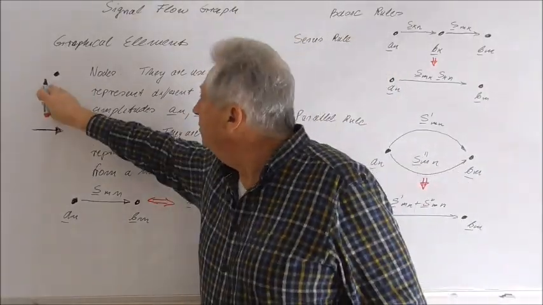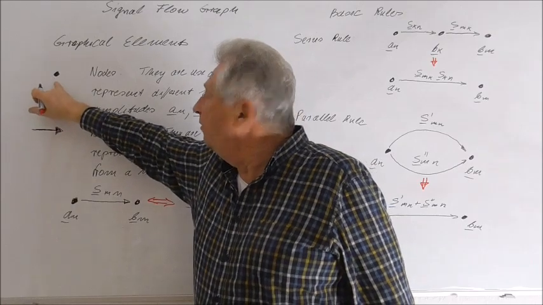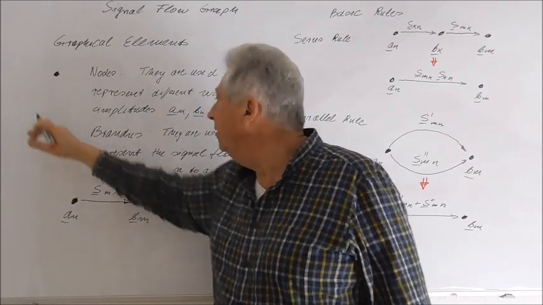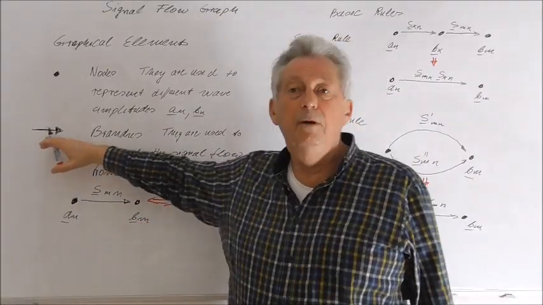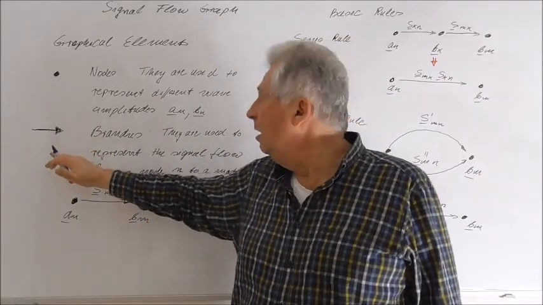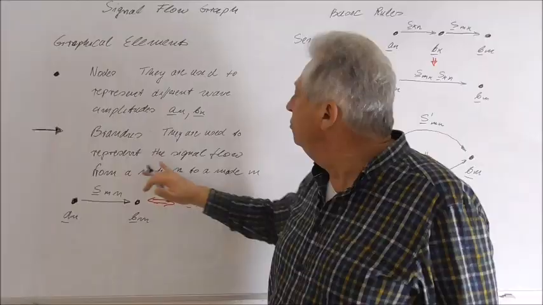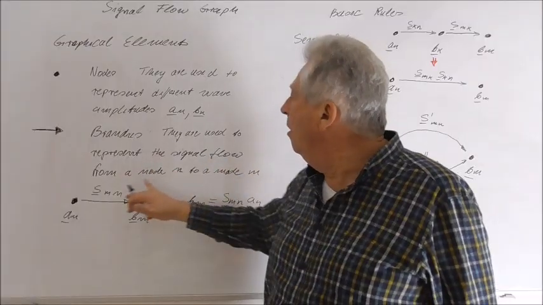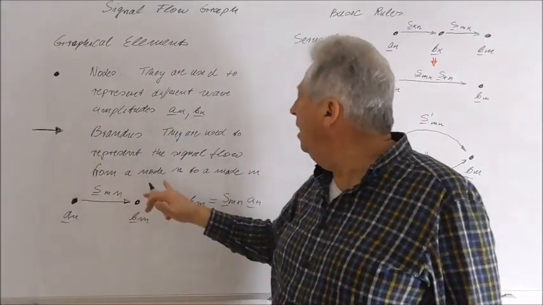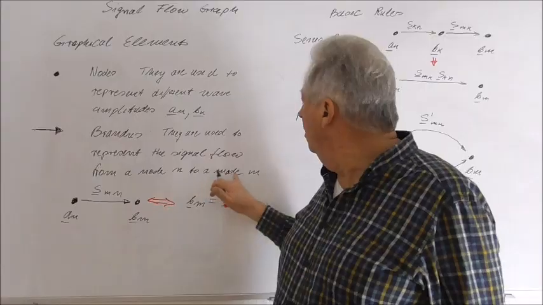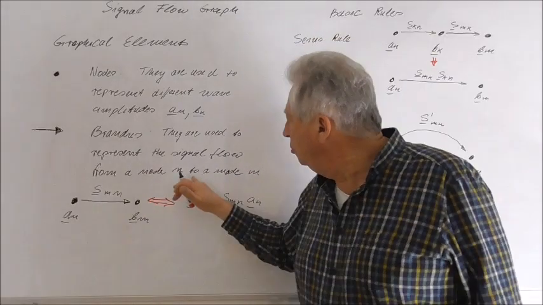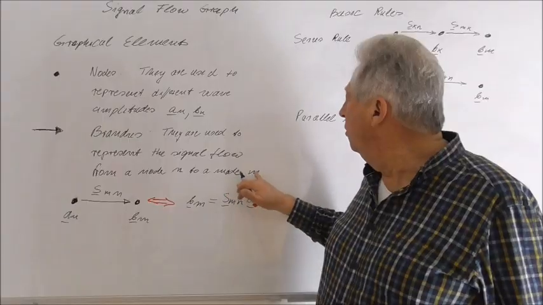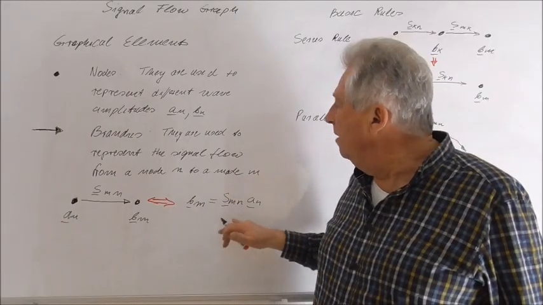They are used to represent different wave amplitudes AN and BN. These nodes are graphically represented by dots, and on the other hand we have branches which are represented by arrows, and they are used to represent the signal flow from a node A with the index n to a node with the index m.